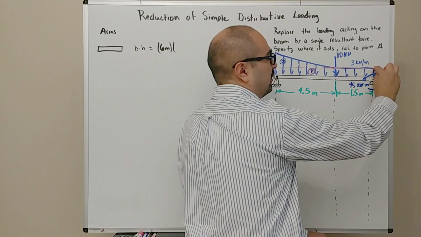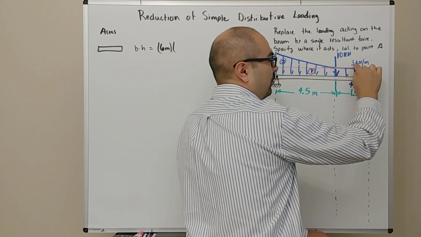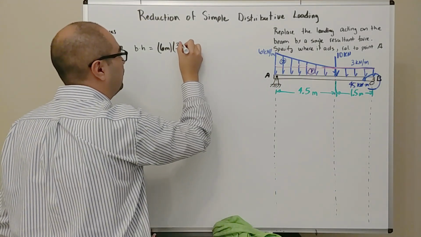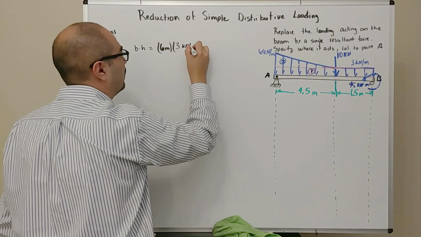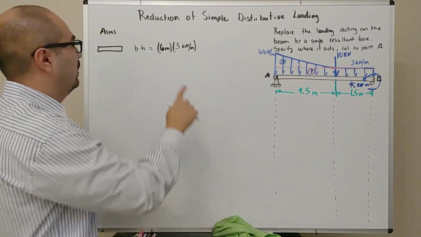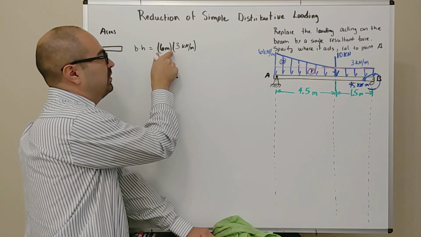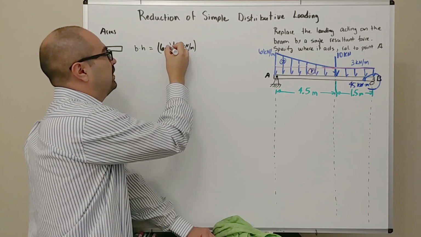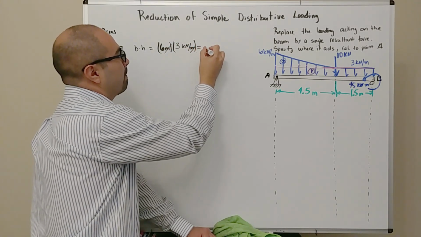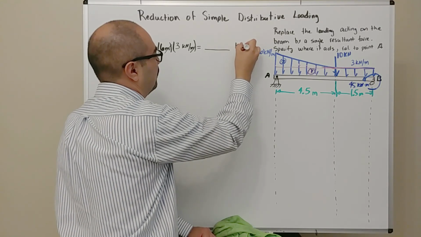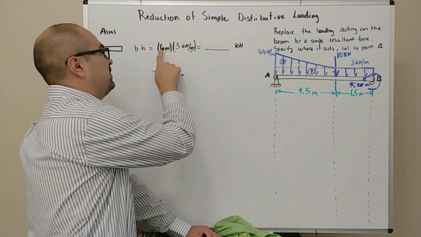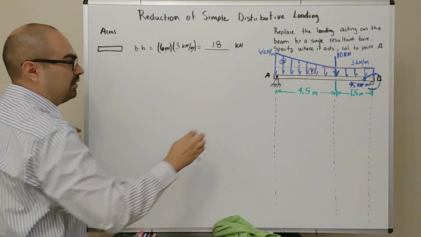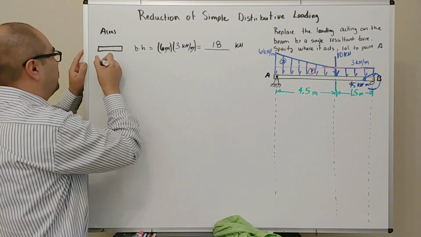So right at this point, the problem is telling us that it's 3 kilonewtons per meter. Again, when we multiply this base, which has units of distance, times the height, which has units of force per distance, the meter is going to cancel with the meter, and we're going to have units of kilonewtons. Here specifically it is 6 times 3, or 18 kilonewtons.